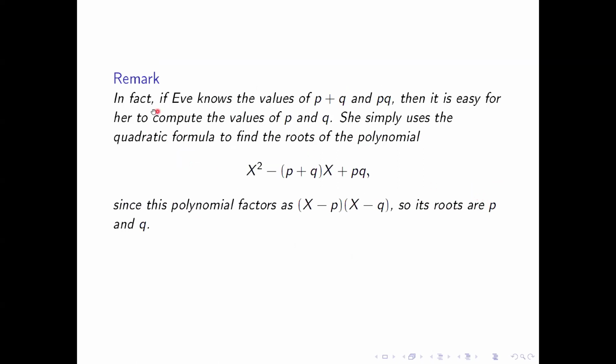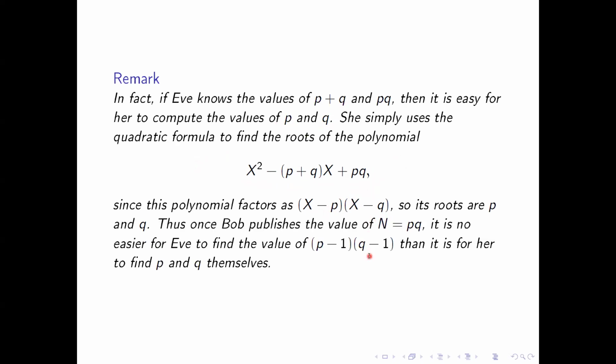So if Eve knows p plus q and p times q, which is n, it's easy for her to find p and q, because you just do the quadratic formula on this simple quadratic right here, and you get x minus p. So it's really easy to solve. So in other words, the difficulty of even finding p minus 1, q minus 1 is actually the same challenge as finding p and q themselves.